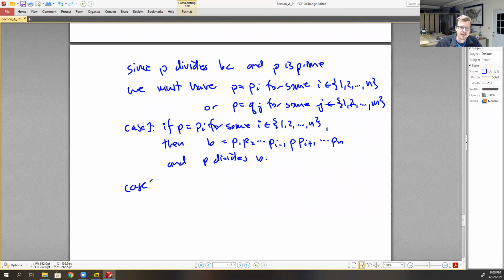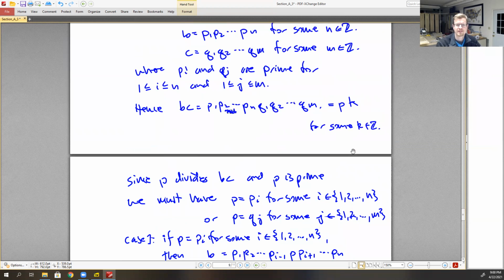The other case is that P is equal to Qj for some j in the numbers 1 through n. So we're saying that P has to be one of these numbers.